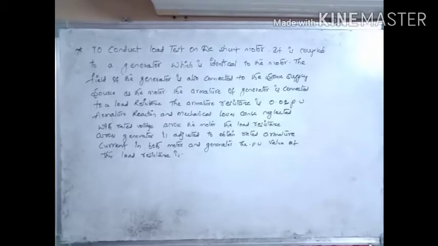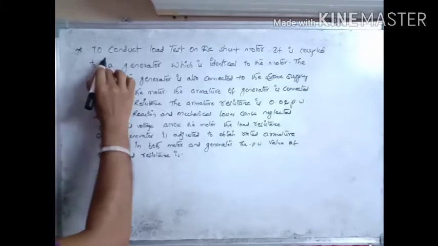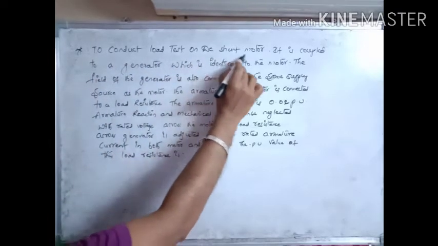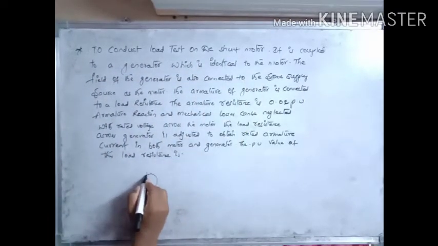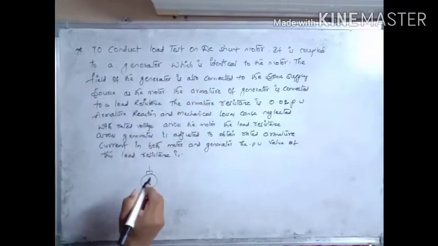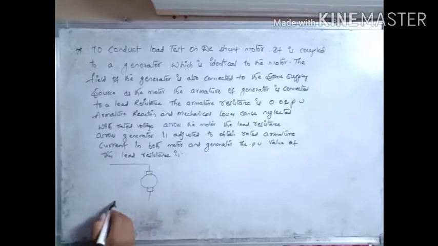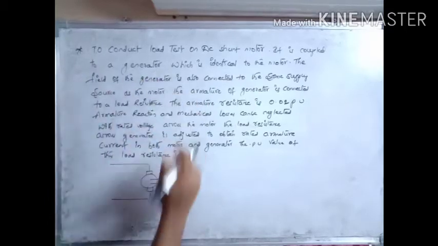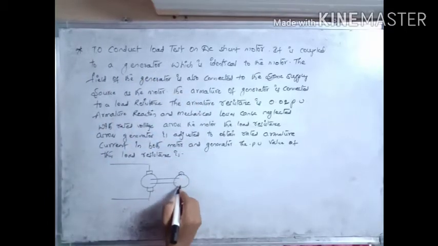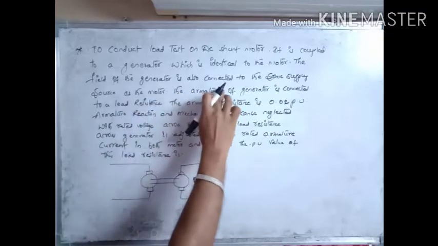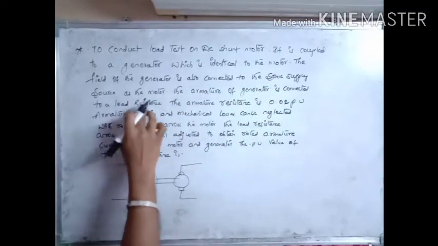The solution to this problem is, first we have to check the information given in the problem. To conduct a load test on a DC shunt motor, a shunt motor is used, and this load will be coupled to a generator, and this generator is also connected to the same supply source as the motor.